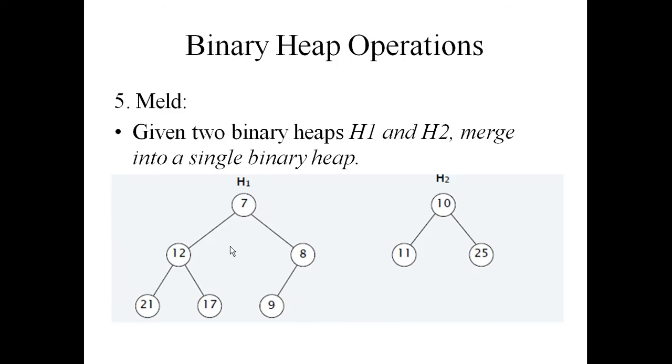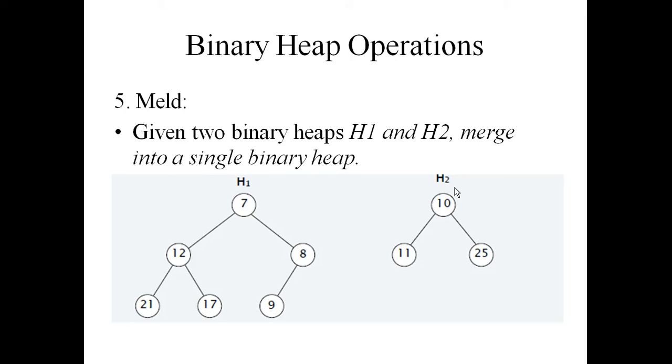Then we move to the next operation, which is meld. The meld operation is simply for merging. Let us say we are given two binary heaps, H1 and H2, and we have to perform a merging operation. That is, we have to combine these two heaps into a single heap. Before actually understanding this merging operation, you need to understand how we are representing these heaps.